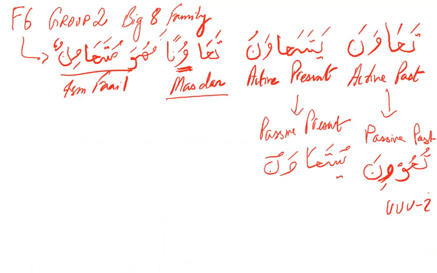So it will be yuta'awanu, yuta'awanani, yuta'awanuna, tuta'awanu, tuta'awanani, yuta'awanna. Then you have tuta'awanu, tuta'awanani, tuta'awanuna, tuta'awanina, tuta'awanani, tuta'awanna. Uta'awanu, nuta'awanu, right? It's just the beginning that gets the dhamma, and the rest, the endings will change accordingly. Clear for this? This is one u and multiple a's.